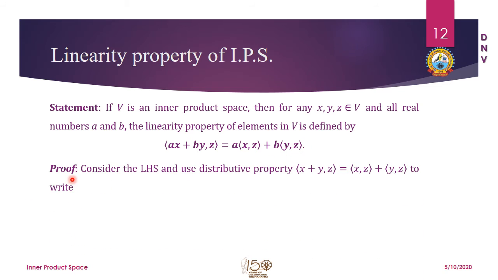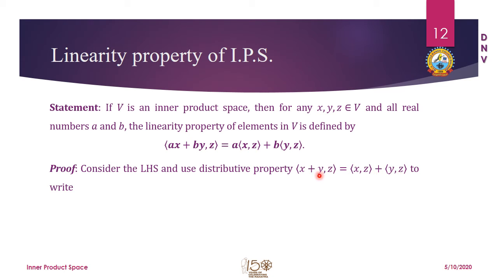So how to prove this linearity property? We consider the left hand side of this distributive property, which is defined at serial number 4 in the definition of inner product space. The inner product of x plus y with z is equal to the inner product of x with z plus the inner product of y with z.